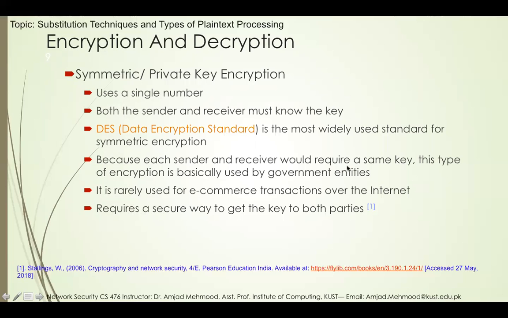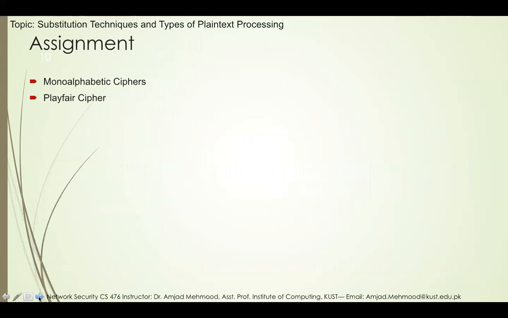This type of encryption is basically used by government entities. It is also used for e-commerce transactions over the network. It requires a secure way to get the keys to both parties. This is the most important factor: the key must be sent to the receiver through a secure channel.